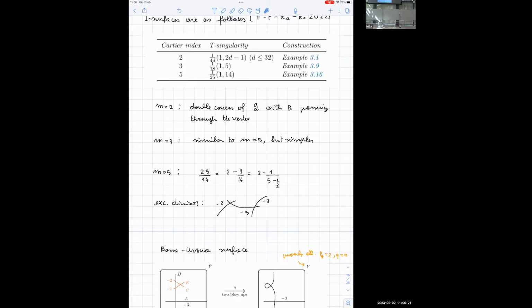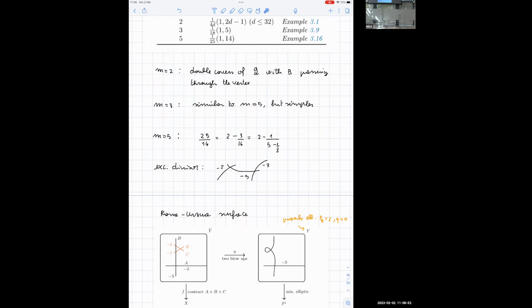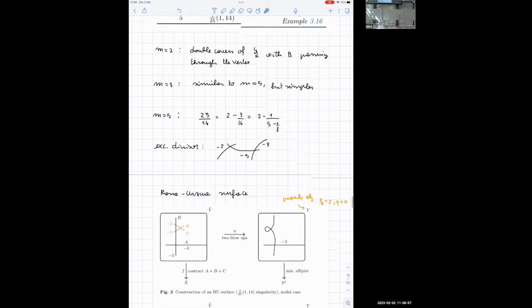And to know what such a configuration looks like, it's not hard. It's a string of P1s, and the self-intersections of the P1s are given by expanding 25 over 14 as a continued fraction. So you get 2, 5, 3. So the exceptional divisor is a chain of 3 smooth rational curves with self-intersection -2, -5, and -3.